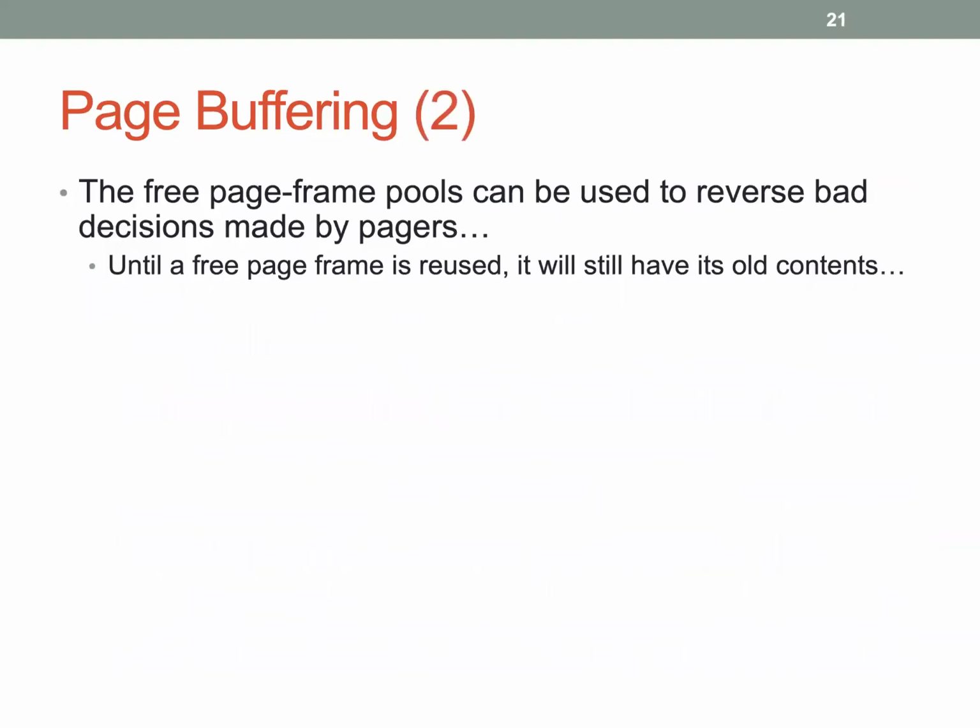Okay, so the free page frame pool can also be used to reverse decisions. Oh, this is what's so cool, right? Because you may have a paging policy that says, you know what, I'm picking these 5 pages as candidates. But maybe some of those pages are still in use by some program. So it's in the pool, but it still has its old contents.